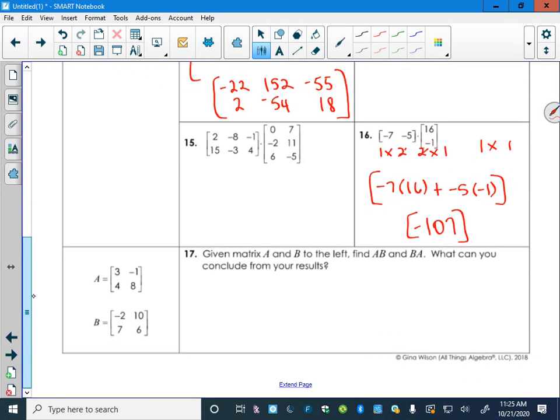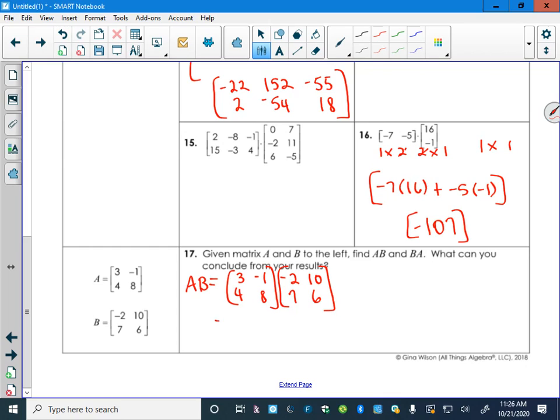Number 17 says, given matrix A and B to the left, find AB and BA. What can you conclude from your results? All right, if I multiply A times B, that means I'm going to multiply matrix A first times matrix B. Okay, I can multiply 2 by 2 by 2 by 2.